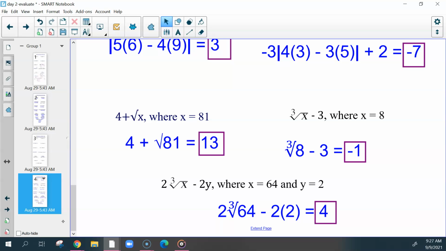I can go back to the first page if you need to check any of those. I need to do number 6. That's the one you need to fill out. Right. Do we have questions on any of those?